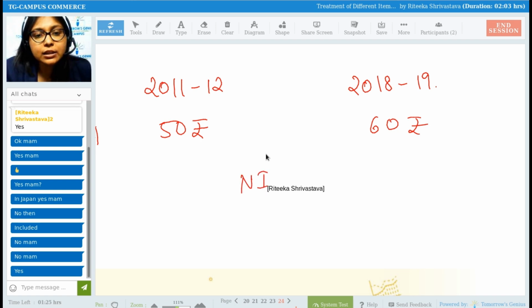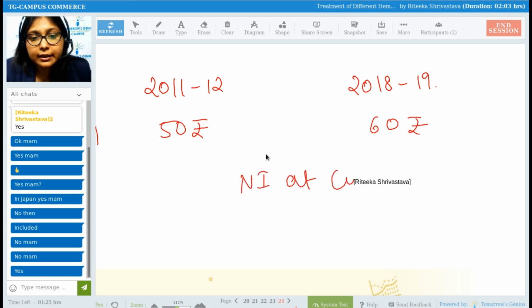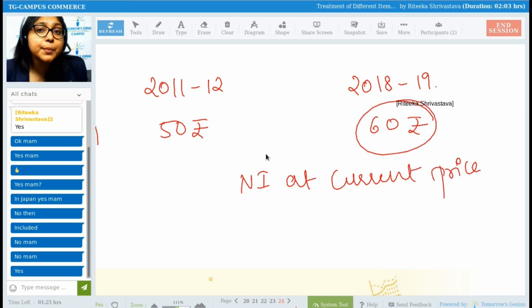So when we measure national income at current price, we will consider the price which is there at present. Consider that at present we are in the year 2018-19. So the prices of goods and services are considered on the basis of the present year or the current year. So the current year is 2018-19 and the current price of good A is 60 rupees.